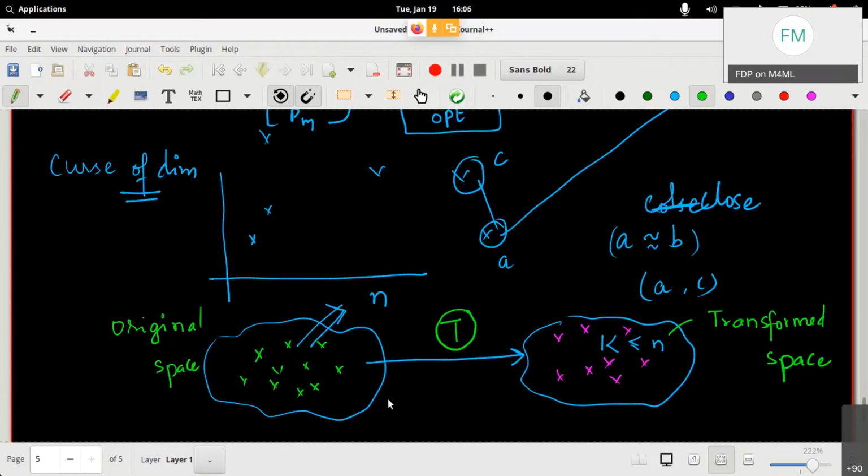In order to do a transformation, because there are some points here which are not independent. So maybe this guy, this guy and this guy are some linear combination of some vectors.